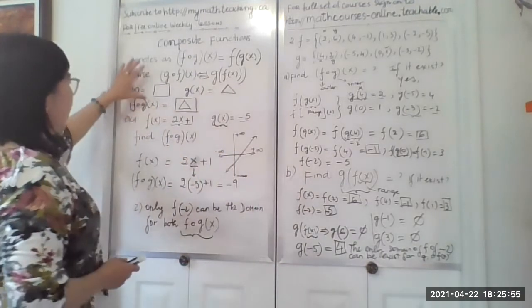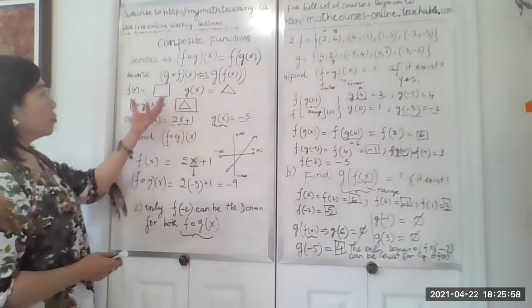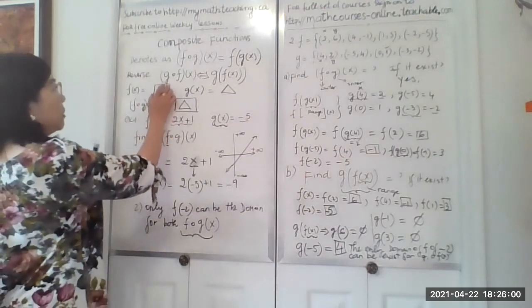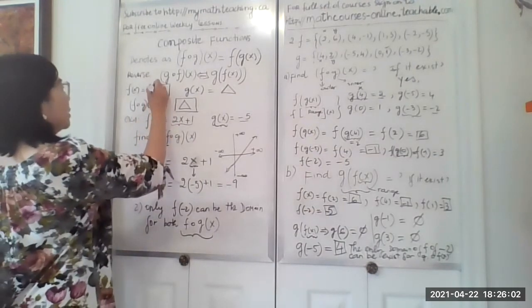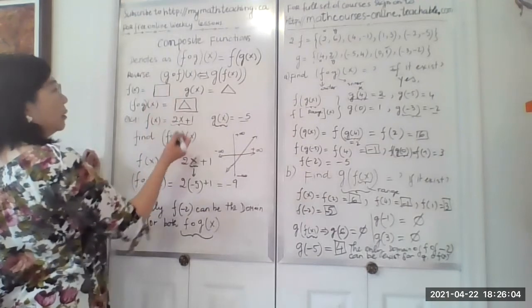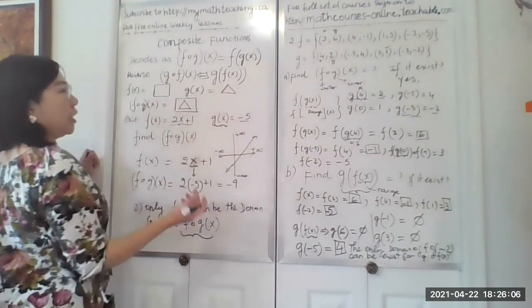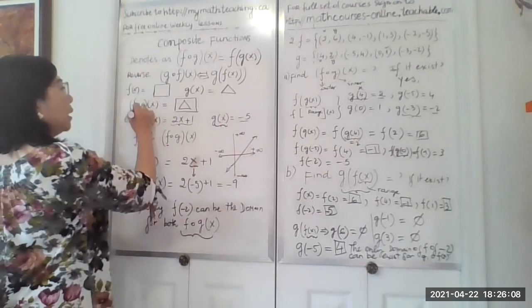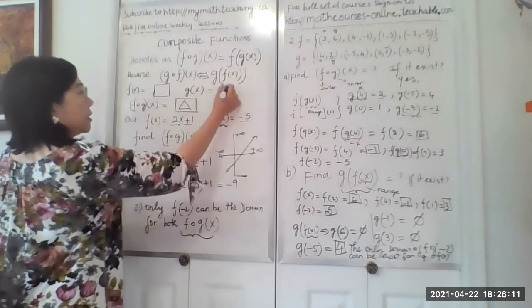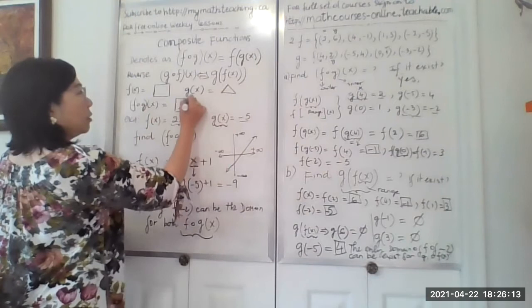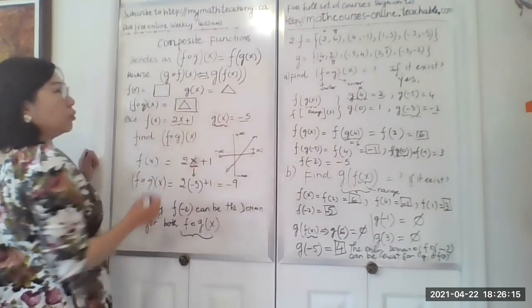So I demonstrated here for you to see the side of the big square, right? Let's say f of x is a big square and g of x is a triangle, and you want to find f of g of x. Then the side of the triangle has to be smaller than the square in order for you to put it in.